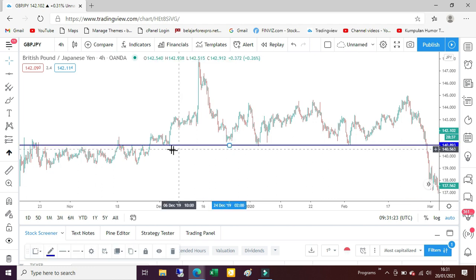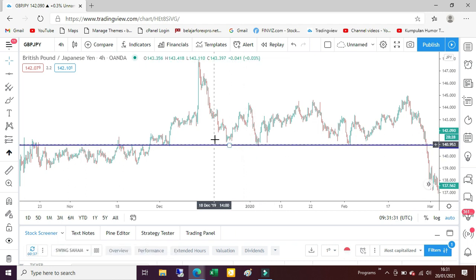You see, resistance, go back to our resistance. Not resistance here. The support. Support line up, almost touch, and here get your support line up. Okay.